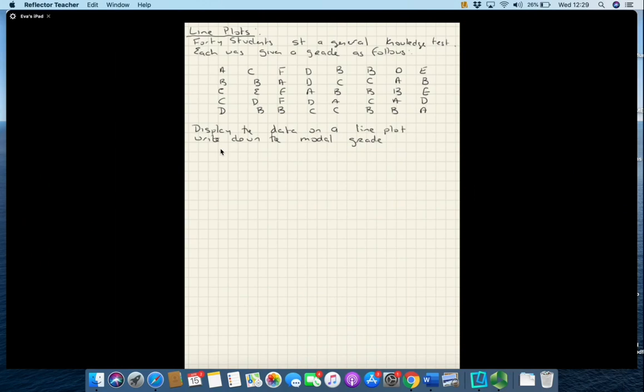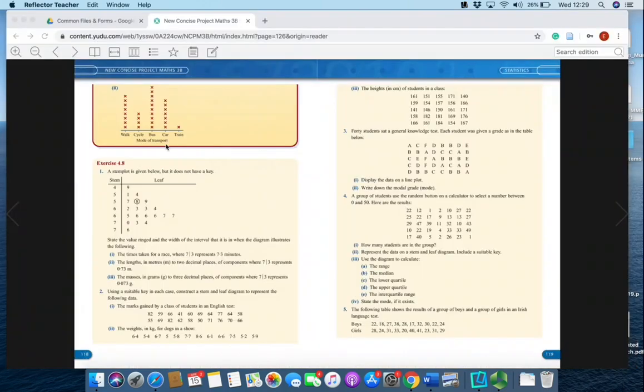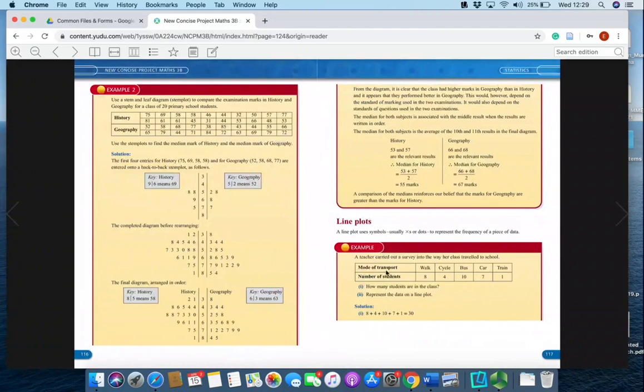Okay, so your line plot then. I'm going to show you a couple of things about the line plot first. In this example, we have whatever we're plotting on the bottom, and really nothing on the top. So it's very visual. All they gave us was mode of transport and how many students.